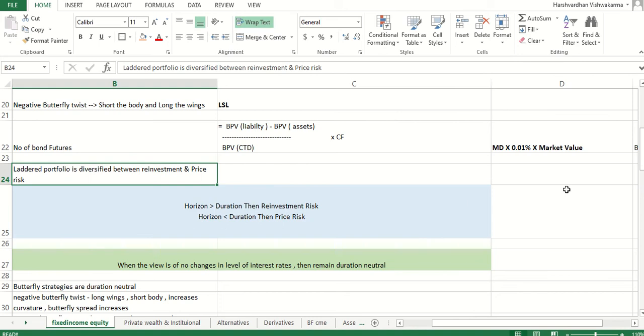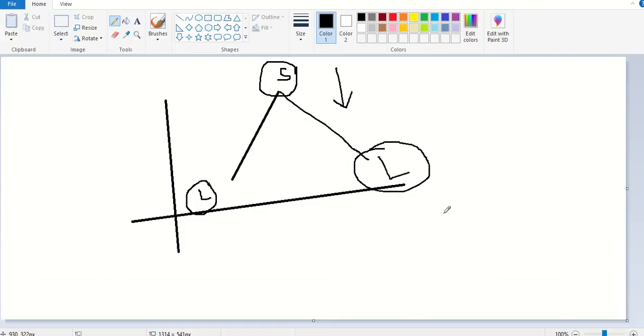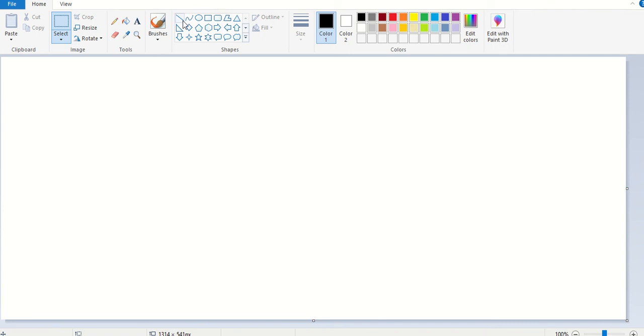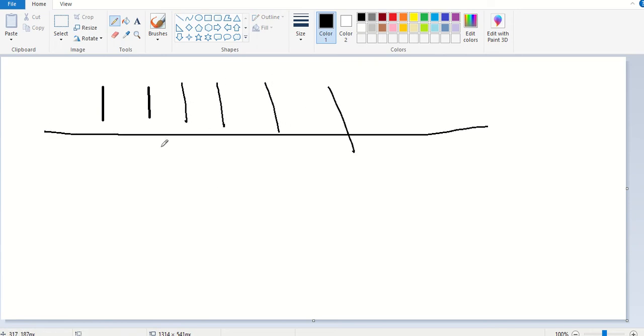Then we had the concept of laddered, bullet, and barbell portfolios. Just to freshen it up from last year, I'll take a pen. So this could be a laddered portfolio, starting from 0.5 tenure to say 10 years maybe.